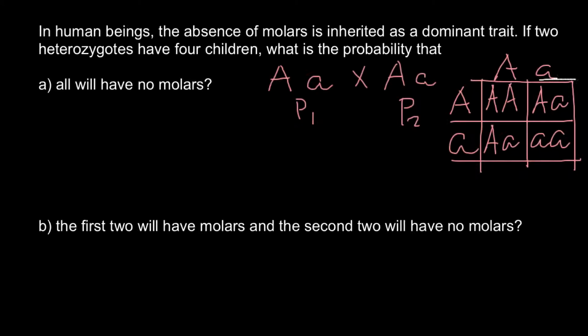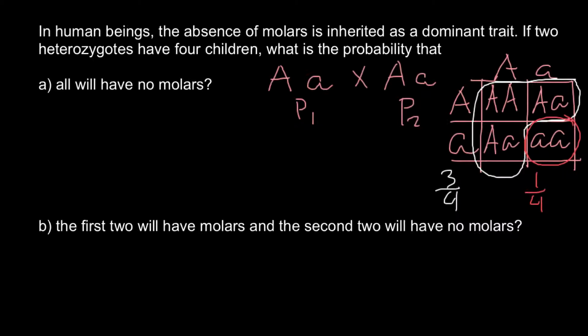According to this Punnett square, 3 out of 4 children would have no morals, and 1 out of 4 children would have morals. So this is our probability.